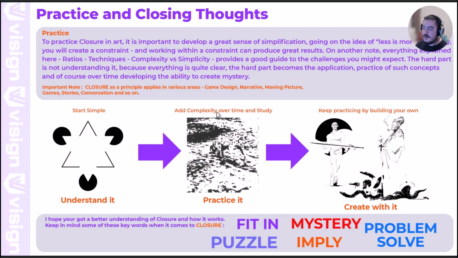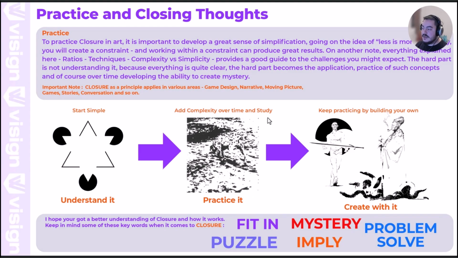And in terms of practice, what I recommend is to start simple and try to understand it first. Do some very, very simple practice exercises and see what's going on and try to understand, okay, this does that. And then you start to add complexity over time. Let's say you grab an image or a reference and you start to simplify with shadow wherever you have shadow and light, and then start to apply closure to see how you can make this very interesting.